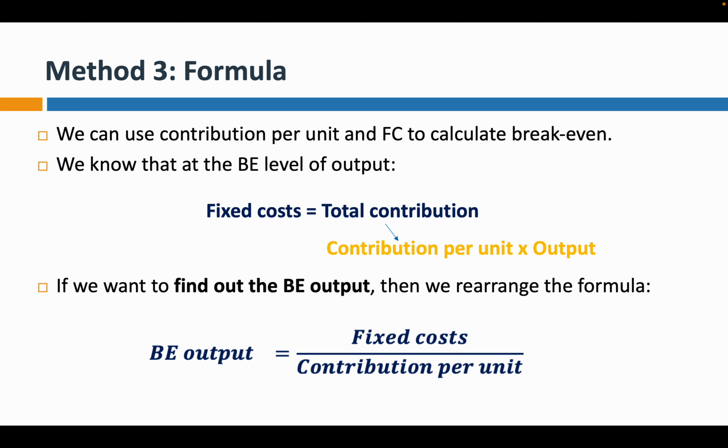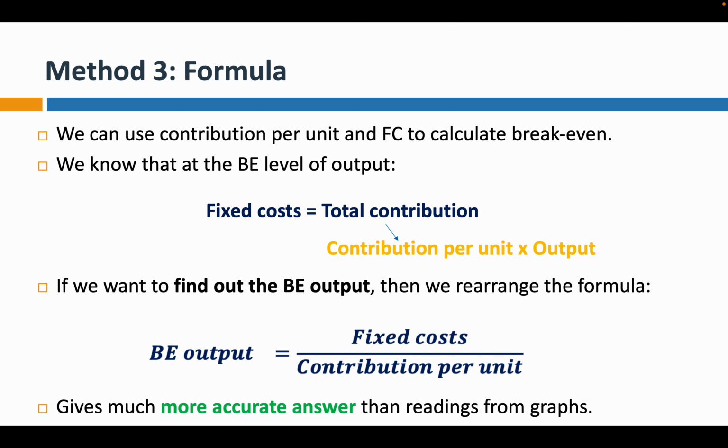And as you know, contribution per unit is defined as price minus variable cost per unit. So you can even break that down further. The advantage that we should have figured out already by now is that the formula gives much more accurate answer than readings from graphs.